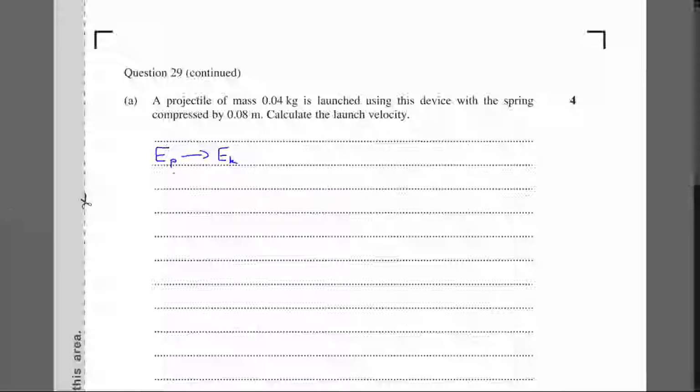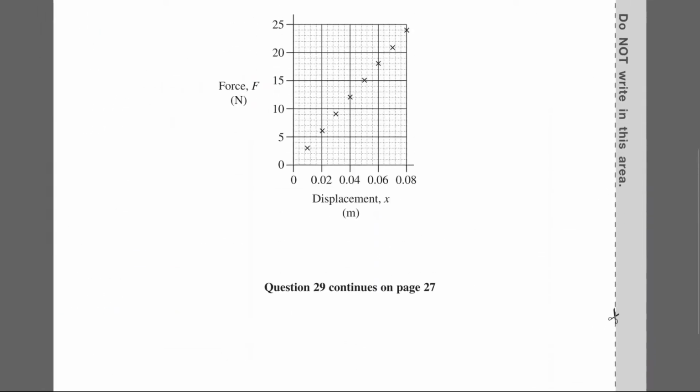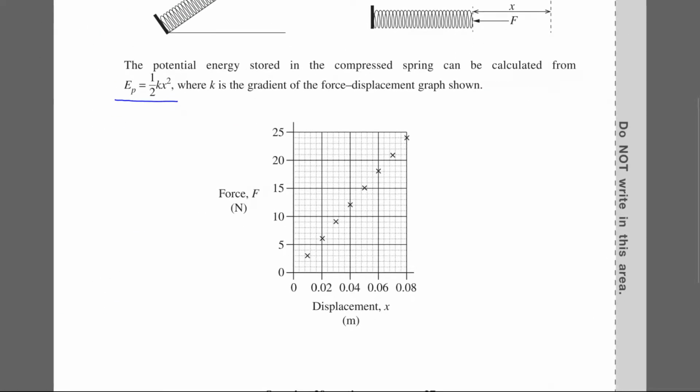The first formula I'll bring up is the equation for the potential energy of the spring, which equals half kx squared, where x equals 0.08 meters as given above. Now k is the gradient of this diagram.